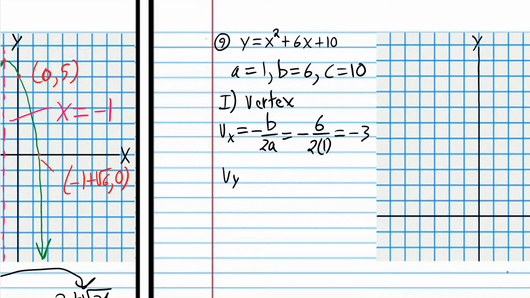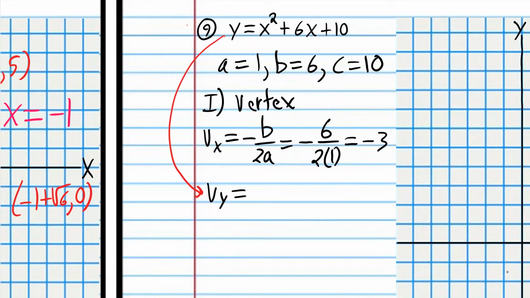And the y value of the vertex, we use the x value of the vertex in the original equation. And we get -3 squared plus 6 times -3 plus 10. And just to be clear, I'm getting that -3 from here.